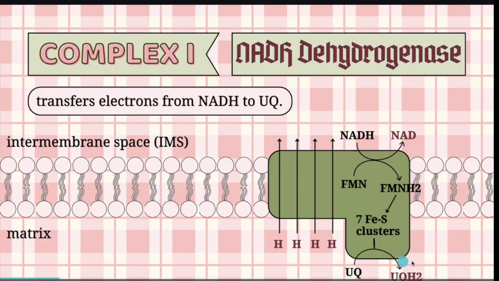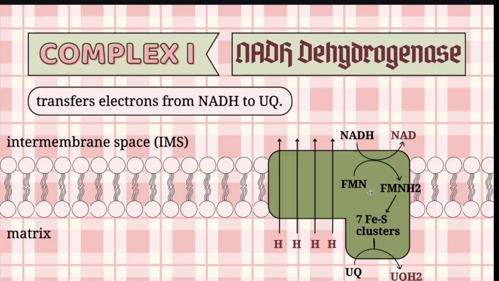So the peripheral part is the part where the electron transfer happens, okay? And what's going to happen is that NADH, from wherever source it came from, is going to come and bind to complex 1, and it's going to donate 2 electrons to FMN, which is a flavoprotein, right?